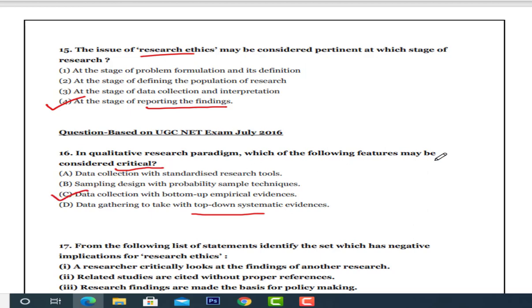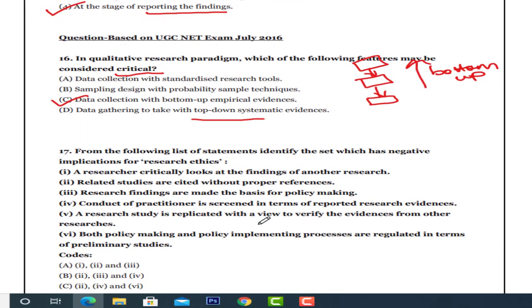So bottom-up is the critical one. That is, if a particular incident happened, why it has happened. If you are finding out the source, the bottom up, this is the critical one. Bottom-up empirical evidence, and also we have to find out the evidence for this. So that one will become a critical thing.